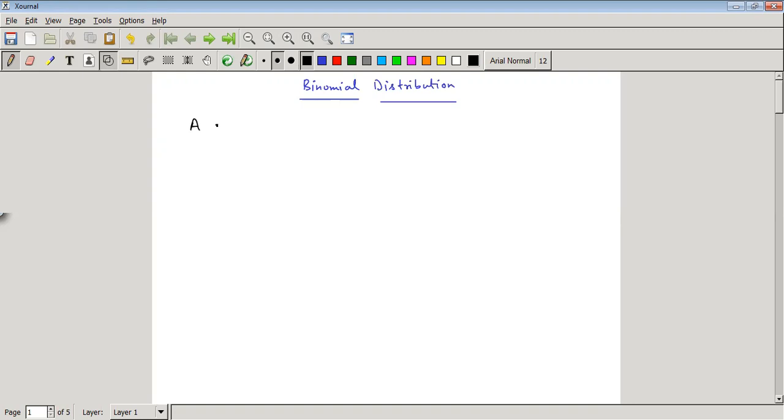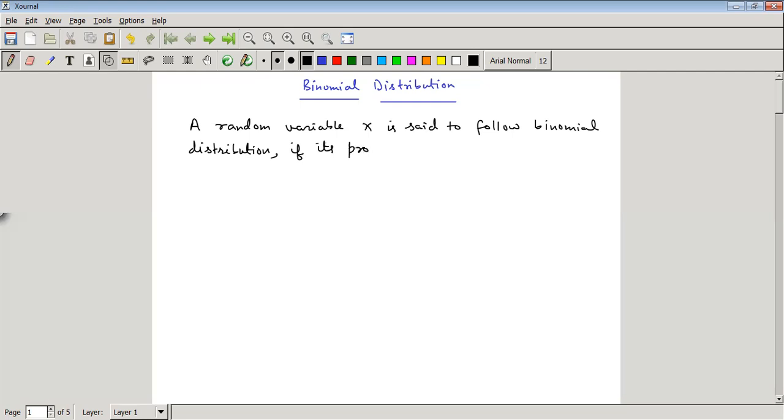A random variable capital X is said to follow binomial distribution if its probability mass function is given by probability of x is equal to x.